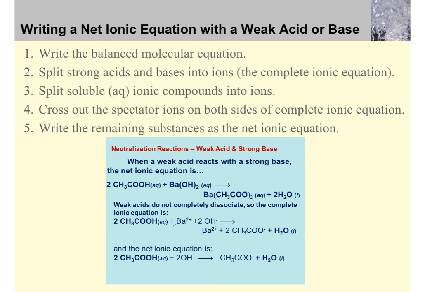So what do we do with this information? If you have a strong acid or a strong base, and you're writing out the total ionic equation or the net ionic equation, they separate into their ions. So we know HCl is a strong acid, right? Let me start with a molecular equation.